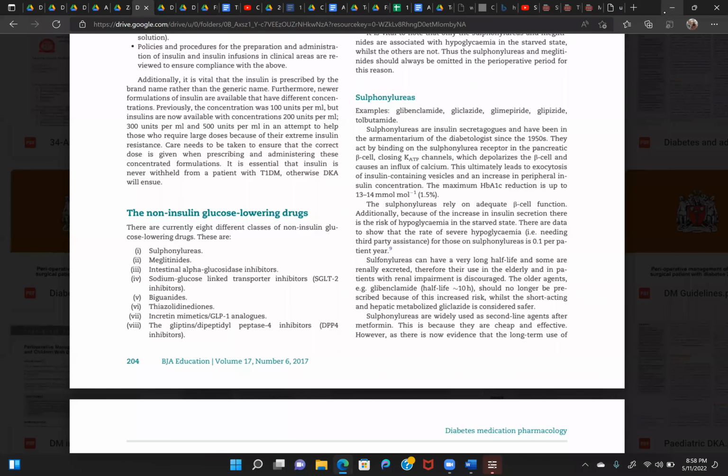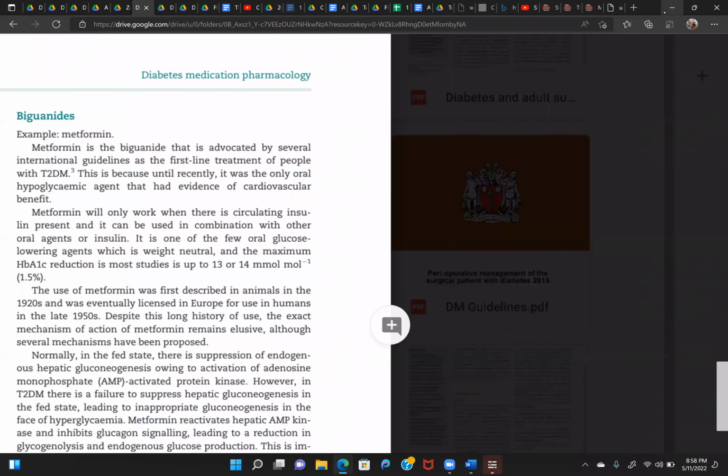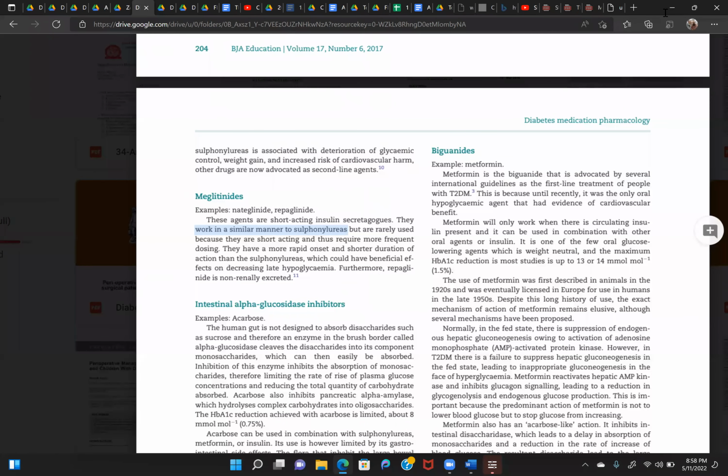So we talked about the sulfonylureas. Then the meglitinides, and even I am not able to pronounce them nicely. They are short-acting insulin secretagogues, the new babies of sulfonylureas, like repaglinide. I don't know which are available because I have not seen them.